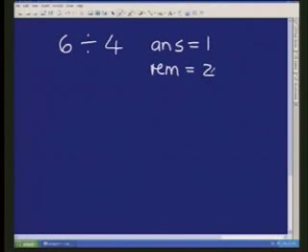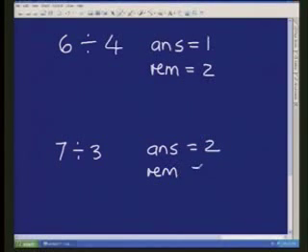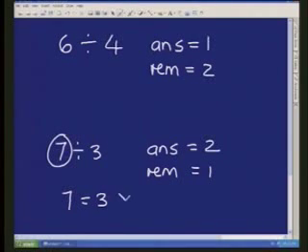Now what I did is I did 7 divided by 3, the answer was 2, and the remainder was 1. And I said that 7 is what I'm dividing by, multiplied by the answer I got, plus the remainder.